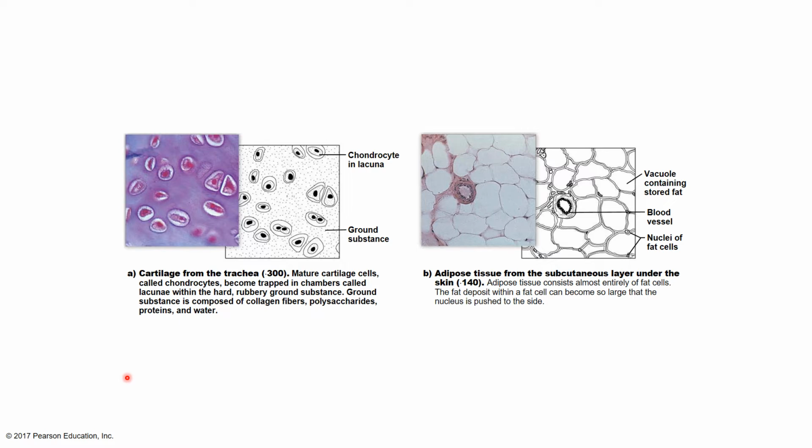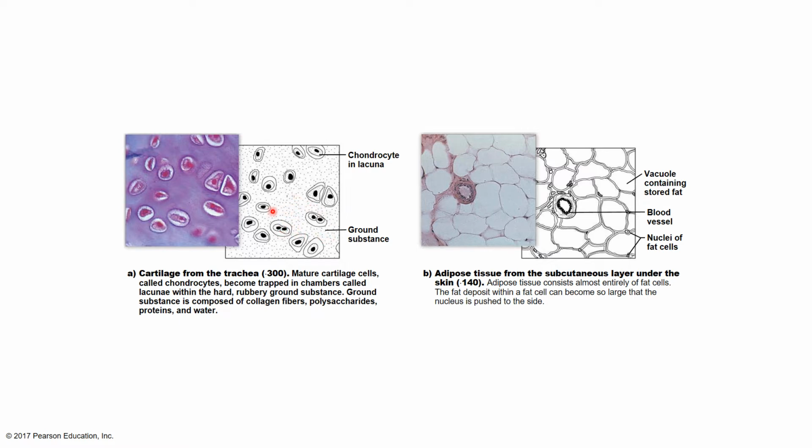Next we have cartilage, and this is shown from the trachea. The trachea has cartilage in it. We're going back to some terms that we used when we talked about the osteon, if you have looked at the model of the bone yet. This is all substance around it.